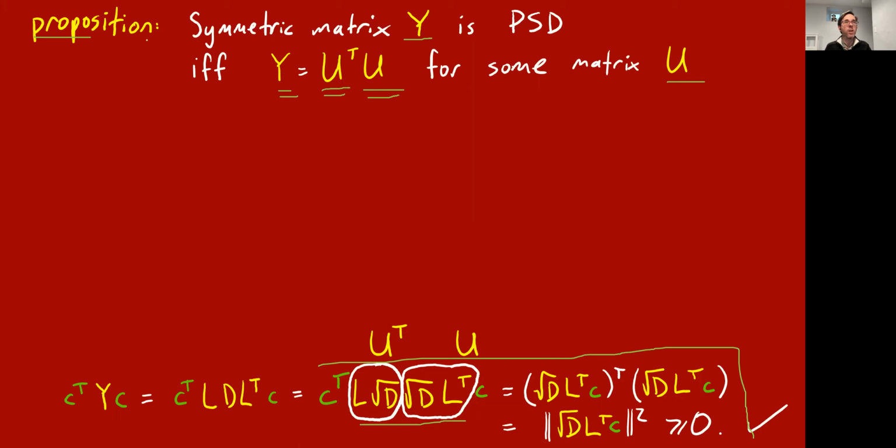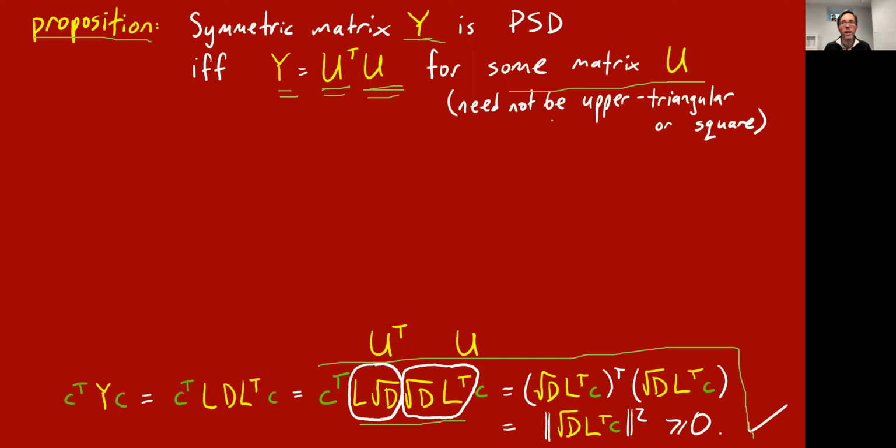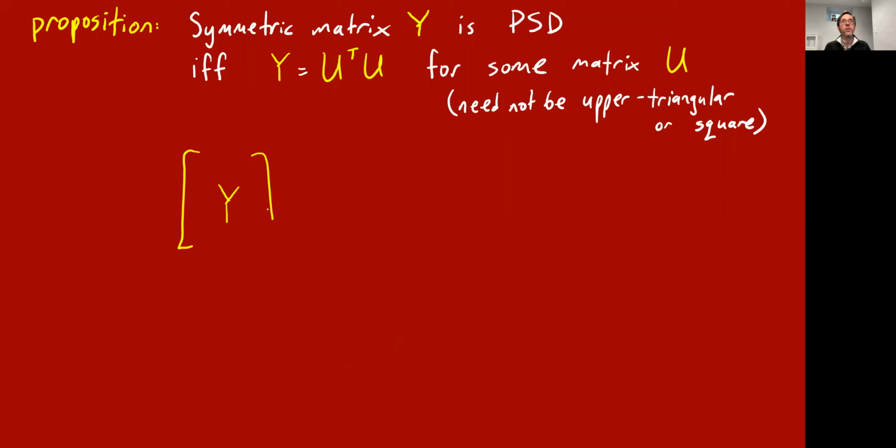So it's another basic linear algebra fact that a symmetric matrix Y is PSD if and only if it can be written as U transpose U for some matrix U. In fact, this matrix U doesn't even have to be upper triangular. It doesn't even have to be square. There always will be a U, which is both upper triangular and square, which satisfies Y equals U transpose U. While conversely, this proof doesn't need U to be upper triangular or square. There should be, this will be UC transpose, and this will be U transpose C. So that's why this proposition is true.